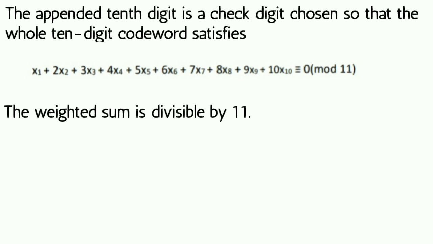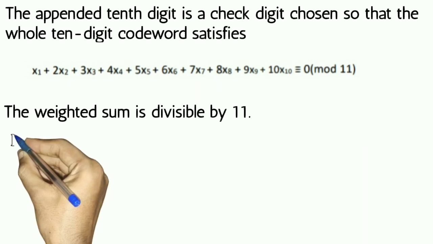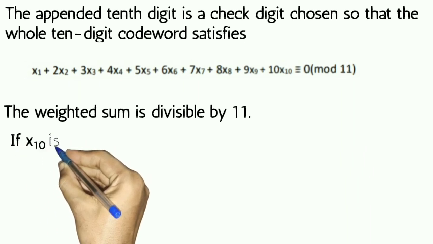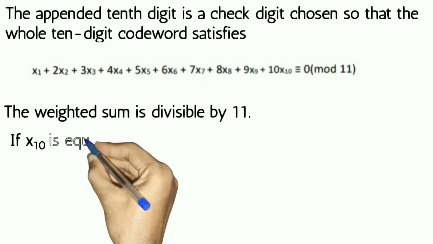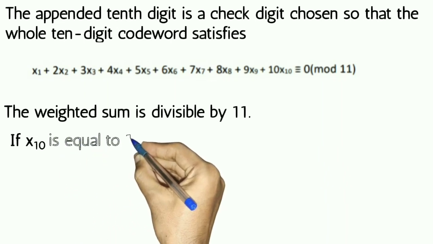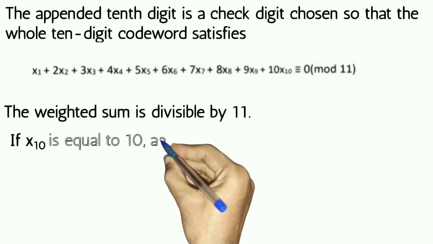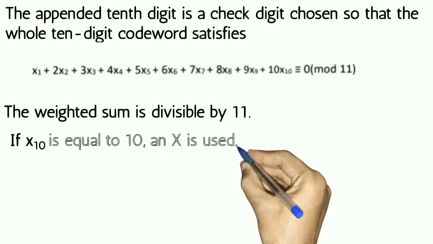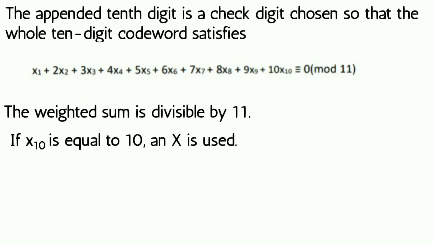Pero kung hindi divisible by 11, yung sum, it means the ISBN is not valid or invalid. If x sub 10 or the 10th digit should be equal to 10, an x is used. Meaning to say, kung ang check digit natin ay 10, ang gagamitin natin ay x.